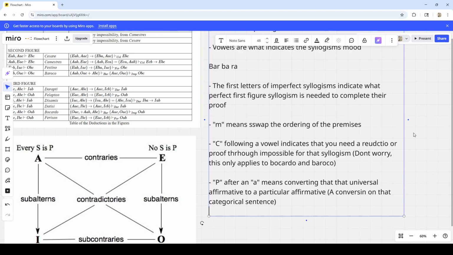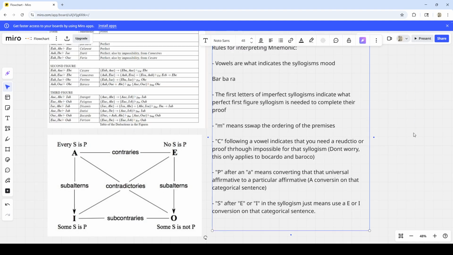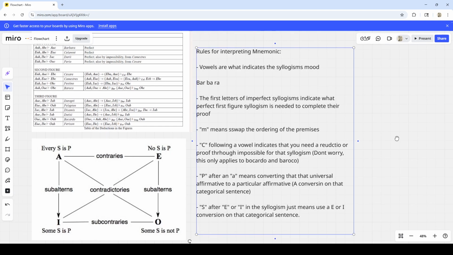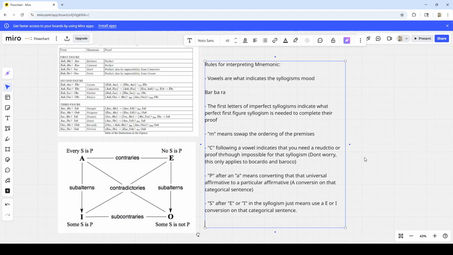An S after an E or I in the syllogism just means use an E or I conversion on that categorical sentence. And the other letters are practically just there. They really don't do anything. But that's basically all you have to know for interpreting the Latin mnemonics and how to prove them.